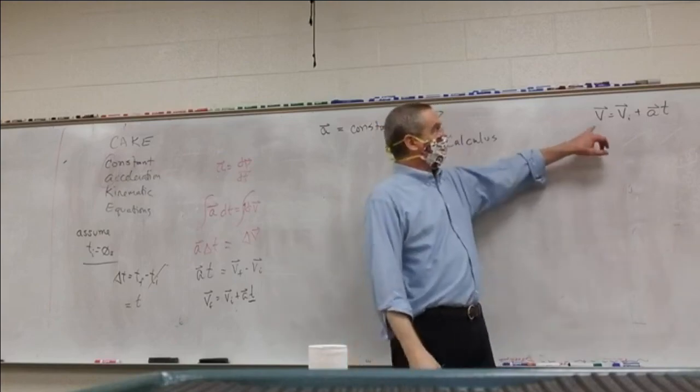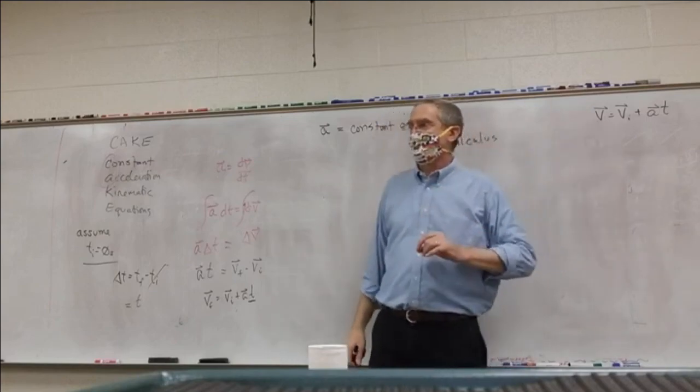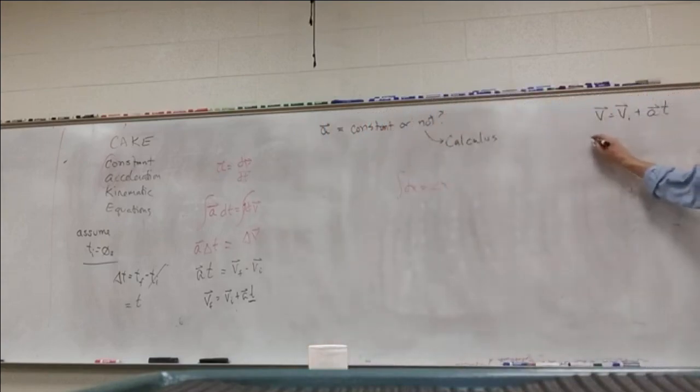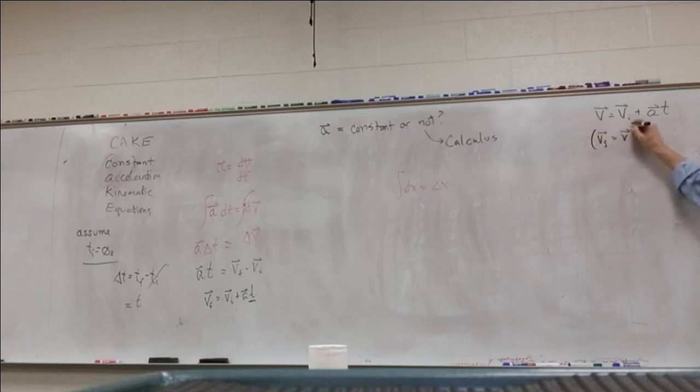Sometimes I will put a subscript f, sometimes I will not. Note, Vf is equal to V in this case. And also, Vi, sometimes, within the same problem, I'll write Vo or V0. It depends upon the way my mind is working at that moment when I'm writing it down.